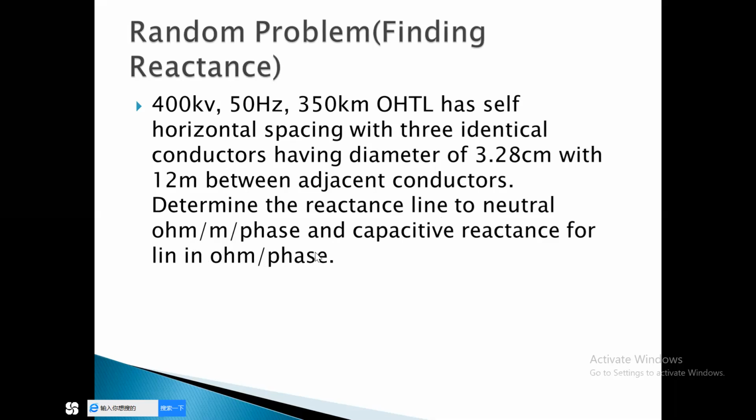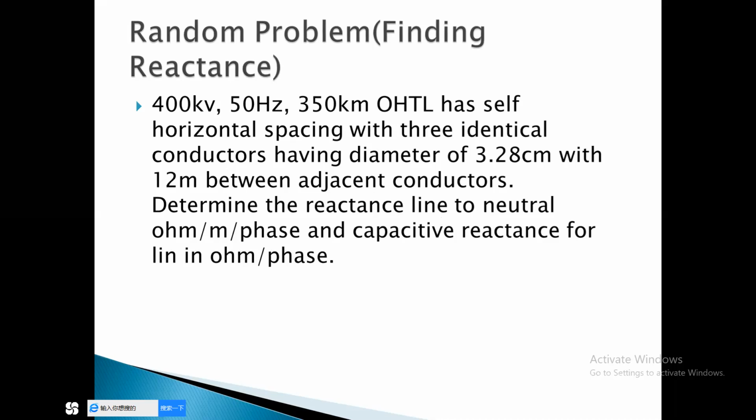We also have to take care about units over here. Ohm per meter per phase, and here it is ohm per phase, there is no meter.